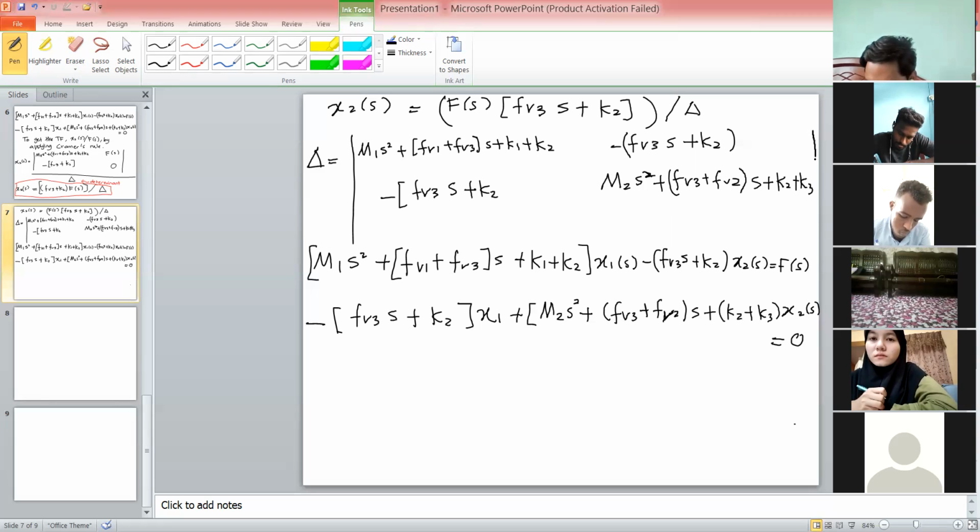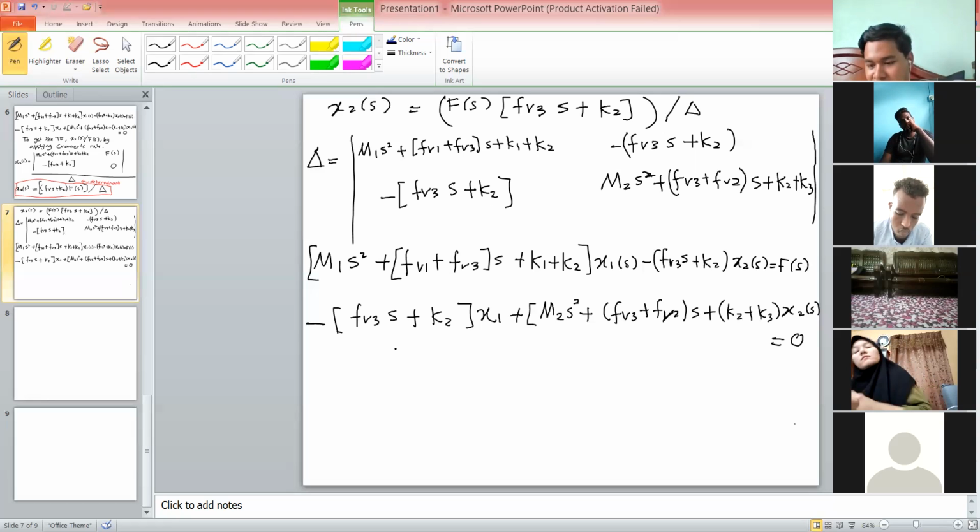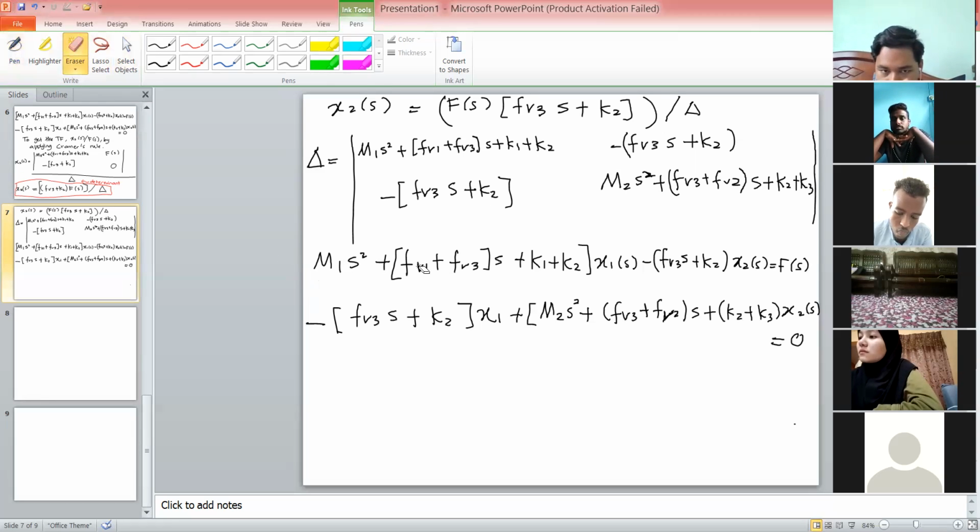So I have another line here. We have M1 S square plus FV1 plus FV3 S plus K1 plus K2. The below part is minus FV3 S plus K2. The other column, minus FV3 S plus K2, and the below one is M2 S square plus FV3 plus FV2 S plus K2 plus K3. Okay, we need to solve this.